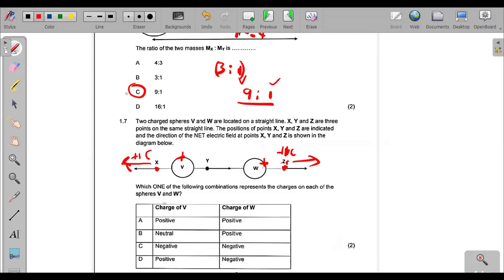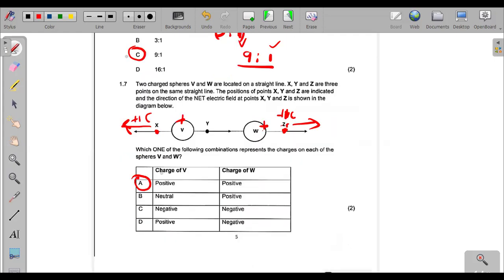So from that, we can easily bring out the charges of V and W. They are positive. So 1.7 is A, right? We are just using our understanding of the electric field at a point and how it works.